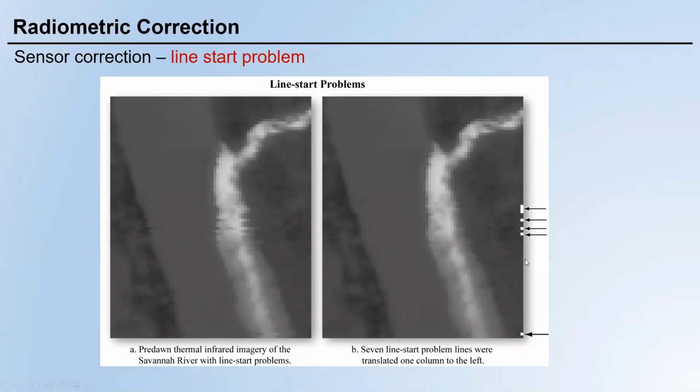They're one pixel right of their correct position, so we just move them left by one pixel. If you compare the left image and the right image, the right image obviously looks better than the left one, because all those distortions disappeared when you moved all those lines with problems one pixel left.